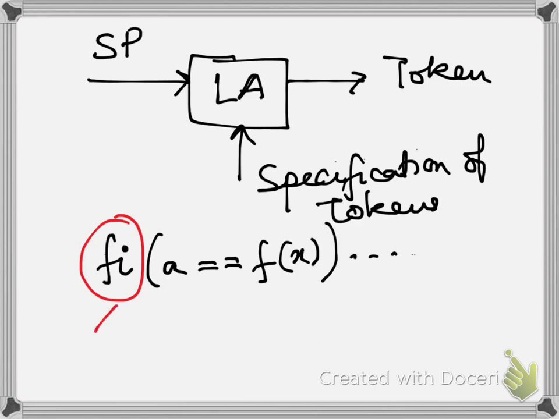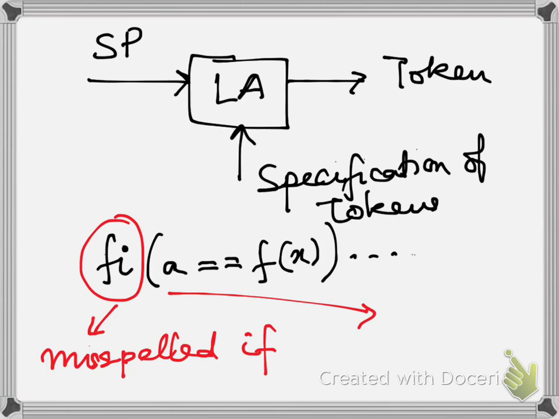Now this could be a misspelled if, where the programmer has made a spelling mistake, or it can be a variable fi, because it matches the description of the token for a variable. fi is a valid variable name.